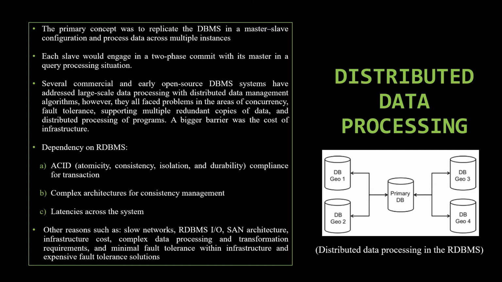There are also other reasons such as slow networks, RDBMS input output, SAN architecture, infrastructure cost, complex data processing and transformation requirements, and minimal fault tolerance within infrastructure and expensive fault tolerance solutions. This is all the reason why distributed data processing failed to meet the requirements in the relational data processing architecture.